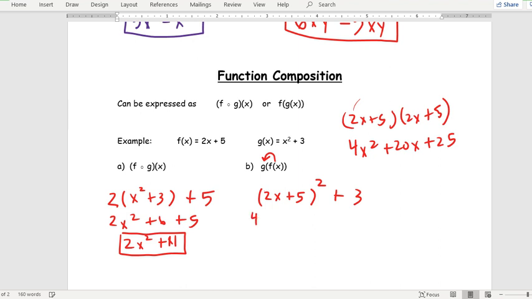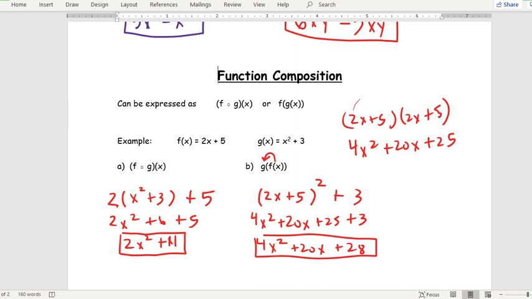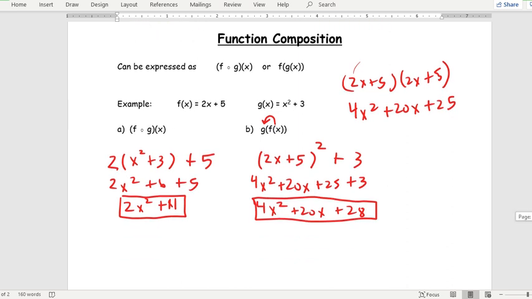So here we get 4x squared plus 20x plus 25, and I still have plus 3 to add on. So our final answer there is 4x squared plus 20x plus 28. So there's a little bit of information about function operations.